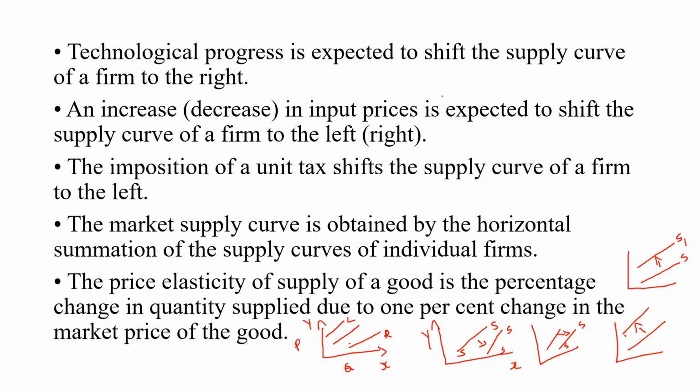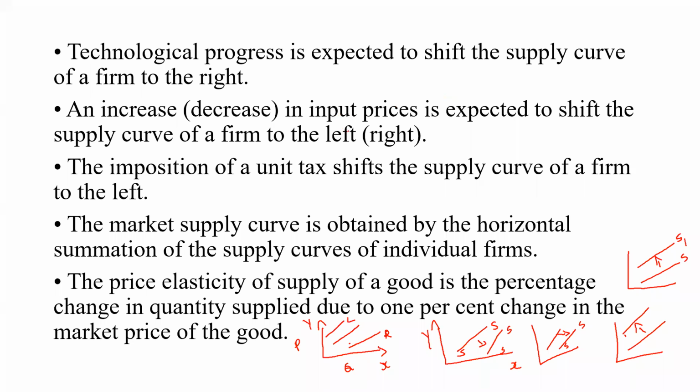By adding the individual firm supply, we will get the market supply curve. In market supply curve, we have studied the first individual supply curve, then second individual supply curve. After combining the first and second, we got the third supply curve. That is what we studied in the market supply curve.